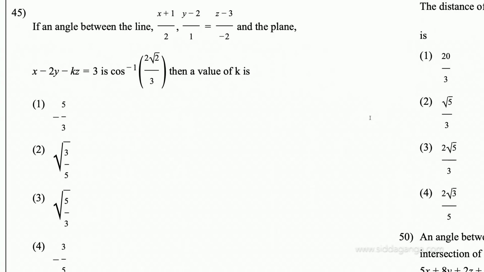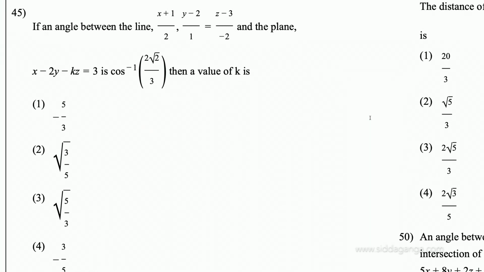This is a parallel vector for the given line, and from the given plane we can get the normal vector, that is i cap minus 2j cap minus k into k cap, right. The k cap has the coefficient k, so do not get confused. This is b and n.